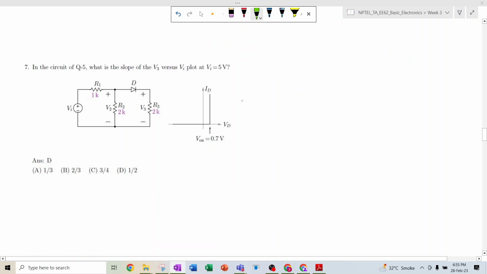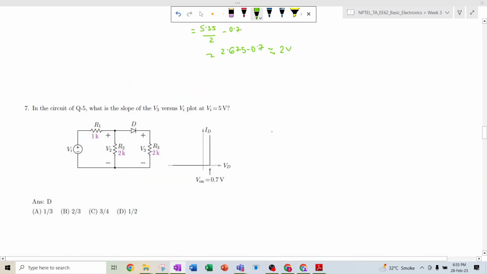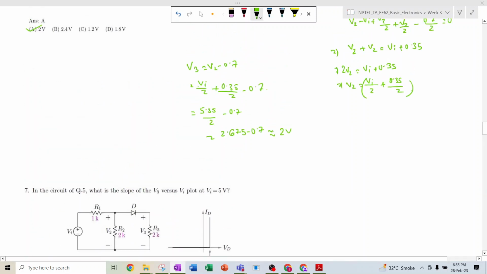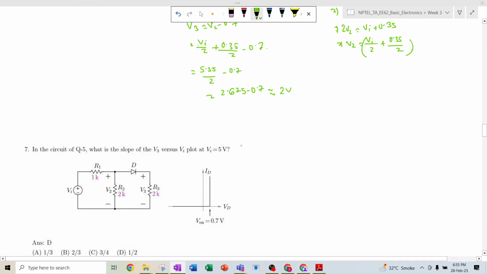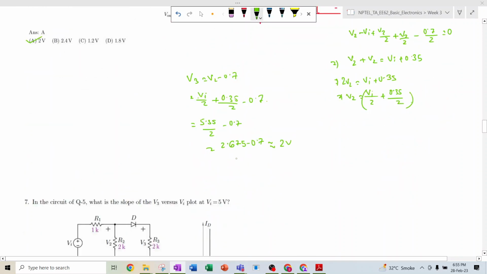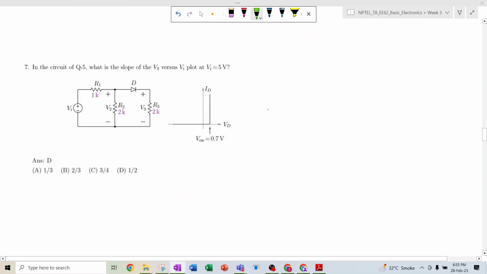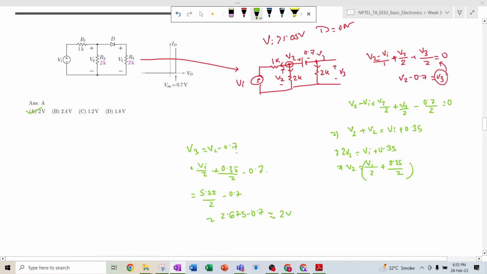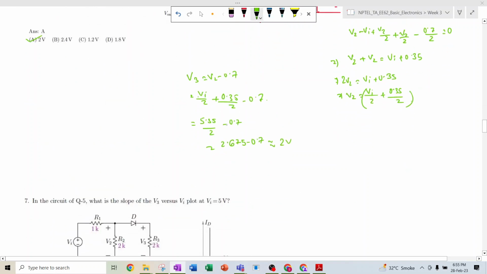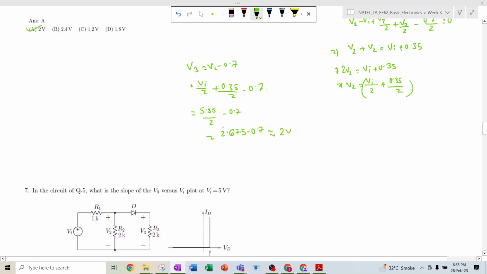Now to the next question. In the same circuit, what is the slope of V3 versus Vi at Vi equal to 5 volt, right? Actually we have already derived this thing.